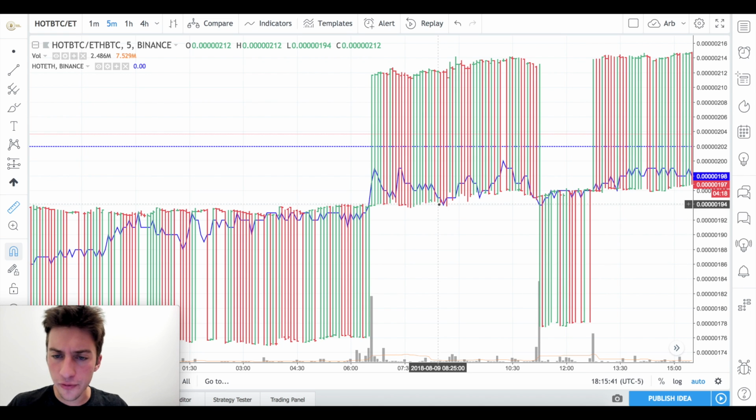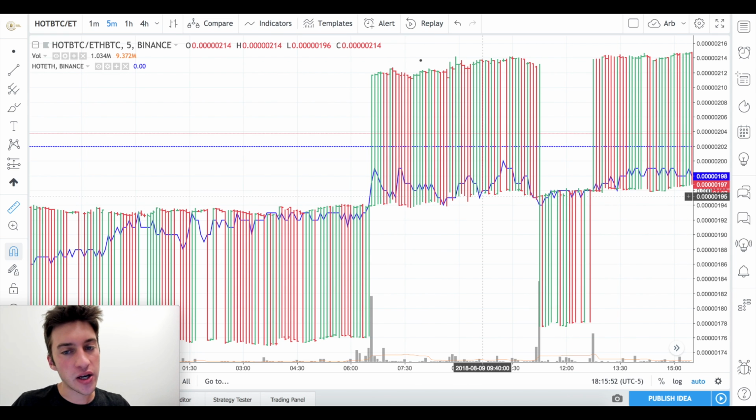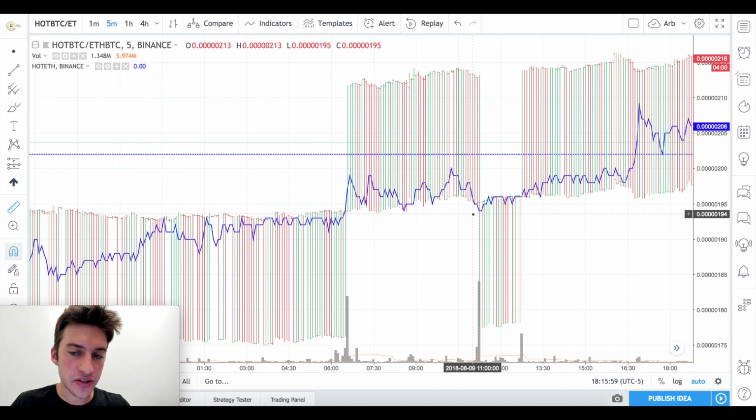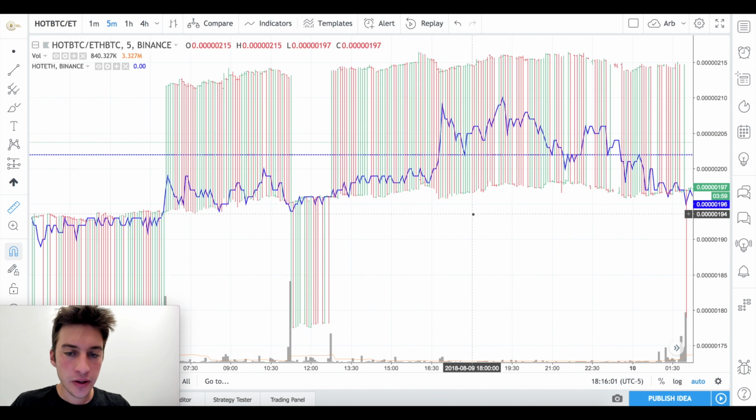Lower parity went up from 194 to 196. So really the bottom range of HOTF went from 194 to 196 because FBTC was going down. So that's one way that you can trade, by just looking at FBTC and doing it that way.